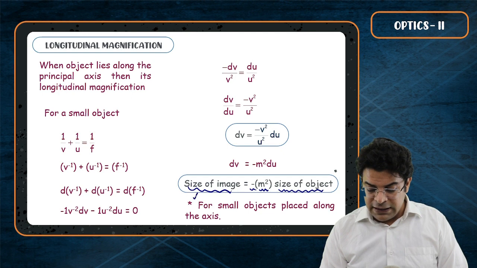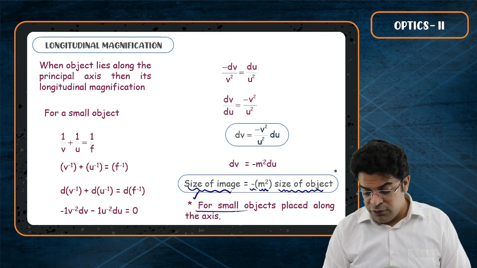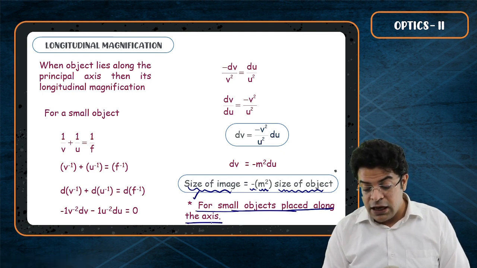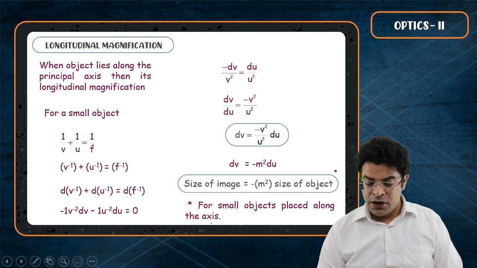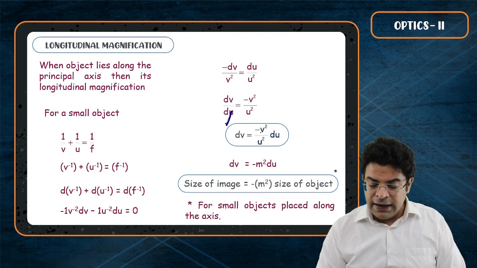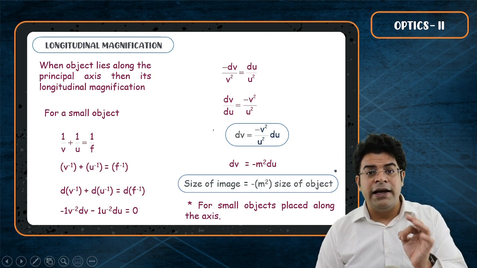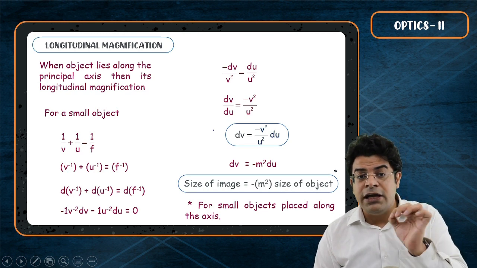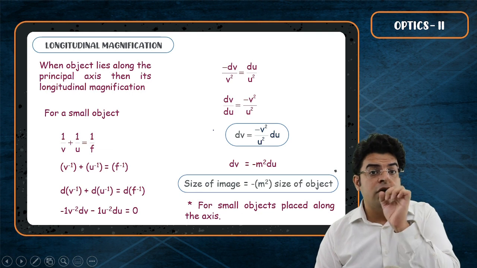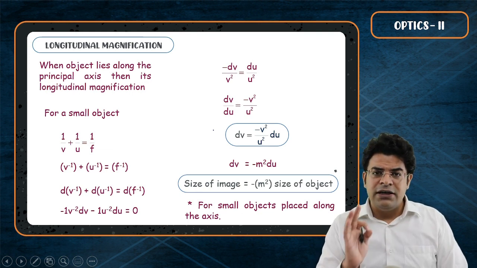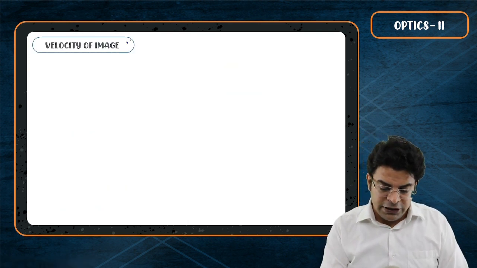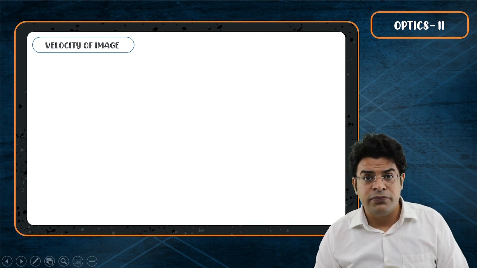So do remember that this formula can be used only for small objects placed along the principal axis. Now why did we highlight this formula? Because this formula will be later used to find the speed of the image when the object moves parallel to the principal axis. So let's understand the velocity of image in case of spherical mirrors.